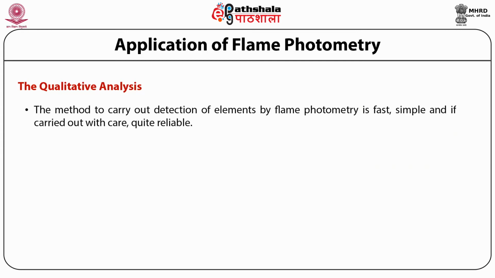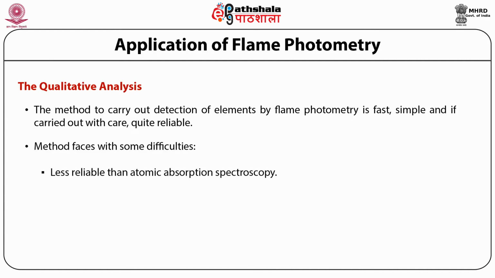The method to carry out detection of elements by flame photometry is fast, simple, and if carried out with care, quite reliable. However, this method faces some difficulties, which are outlined as follows. This method is less reliable than atomic absorption spectroscopy.